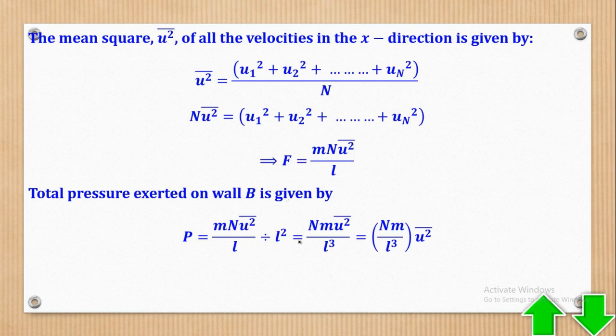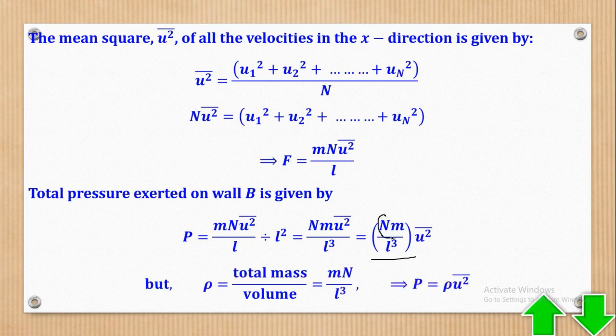Then when I simplify, I'll come up with N m over L cubed multiplied by u squared bar. So from there I realize that this Nm is the total mass and this L cubed is the volume. Therefore, mass over volume is density. That means that this density rho will be equal to Nm over L cubed. So when I substitute, I'll bring the whole of this bracket and replace it with density, which is rho, to come up with P equal to rho u squared bar.